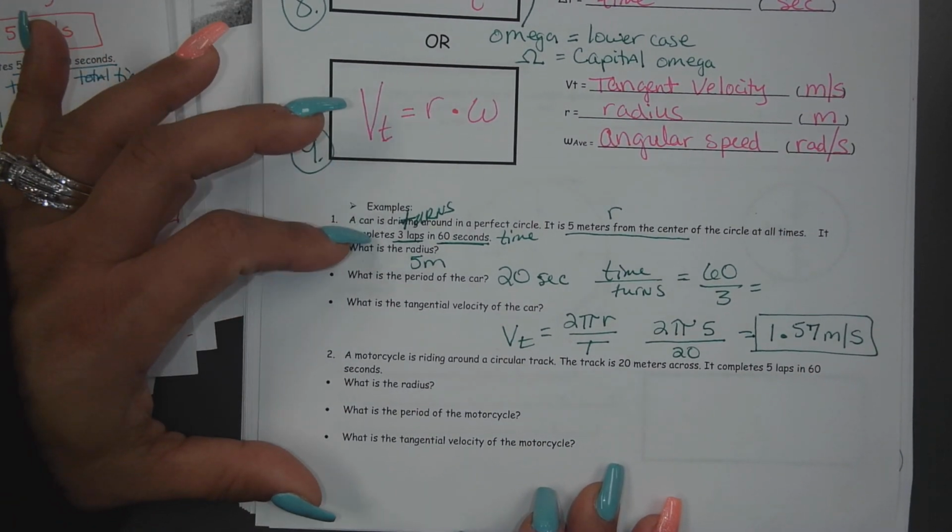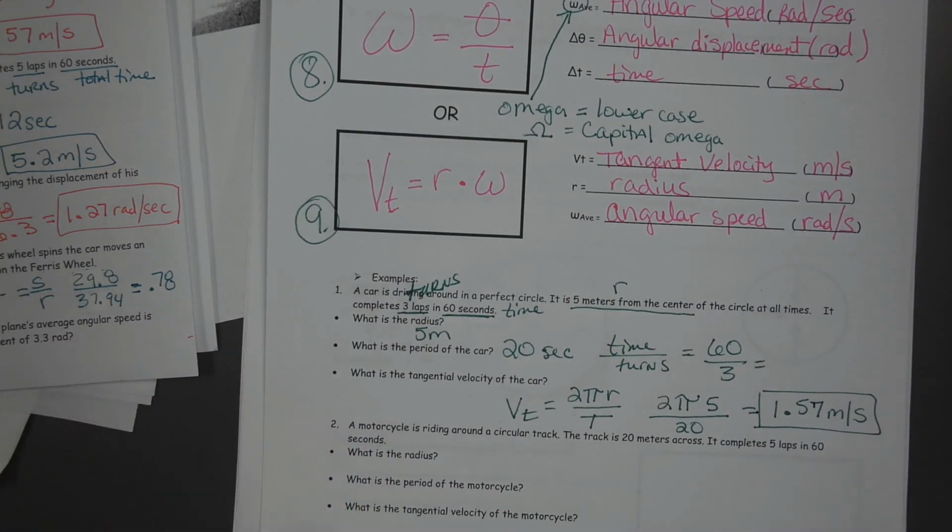1.57 meters per second. So, before we go any further, this is going to be the question they're going to give you on the test: what's the tangent velocity of this car that's going around the track? They could do a couple of things. Number 1, what if they give this to you in kilometers? You've got to convert it to meters. What if they give this to you as the diameter, all the way across? If the whole track across is 10 meters, then you're going to divide it to find the radius.